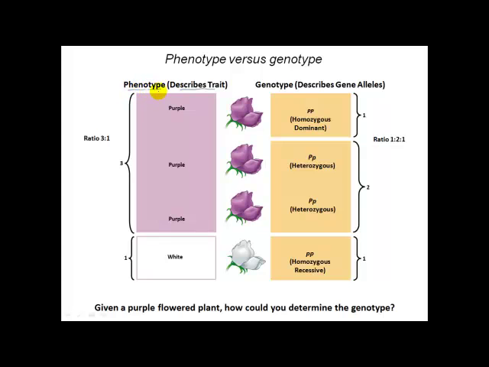So phenotype refers to physical characteristic or observable trait, and that obviously depends on the genetic makeup or genotype that's driving that trait and its expression, right? And so genotype describes the allele composition at a given gene. It's your genetic makeup. Your phenotype depends on genotype.